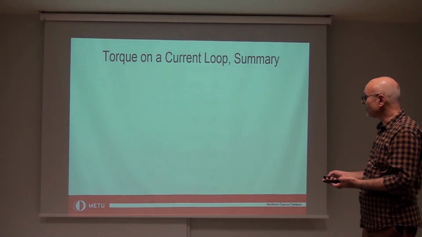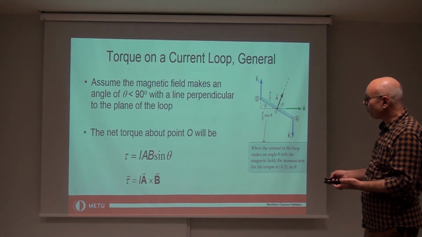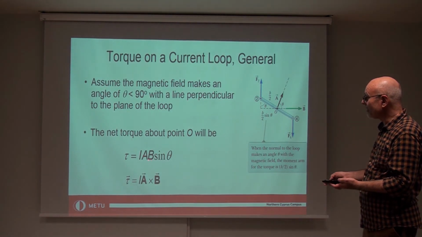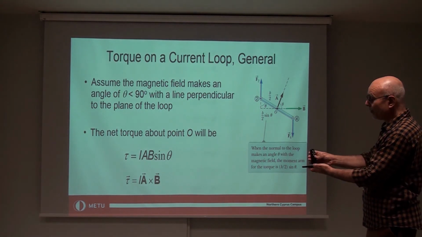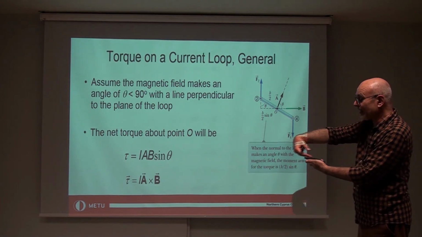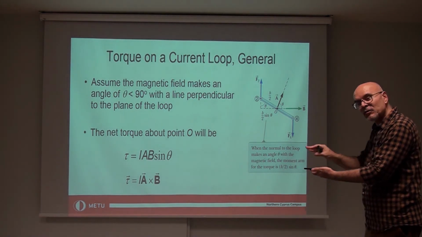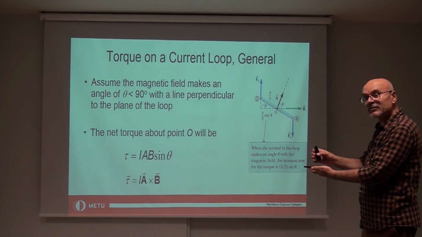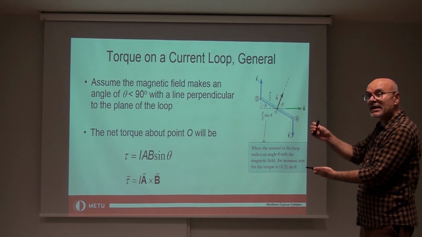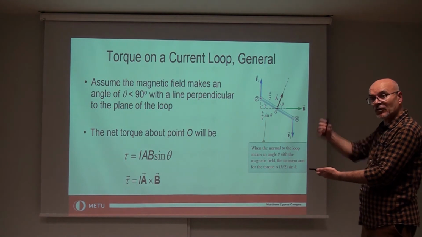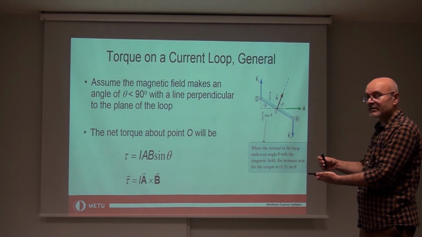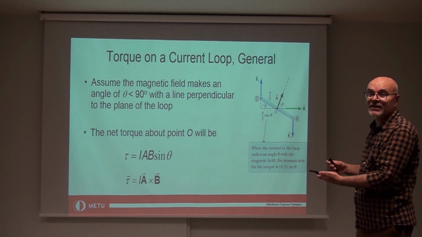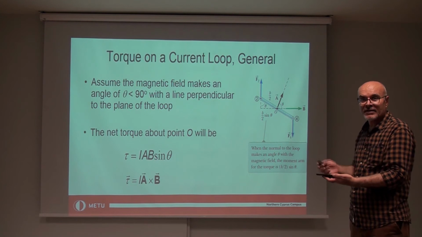In other words, when the angle between A and B is pi over 2, that is, B is perpendicular to A. If B is perpendicular to A, it means the field lines are parallel to the plane. So now we do not talk about the plane, we talk about the normal. So we say when B is normal to the area vector, then we have maximum torque, because sine theta will be equal to 1. Theta will be pi over 2.